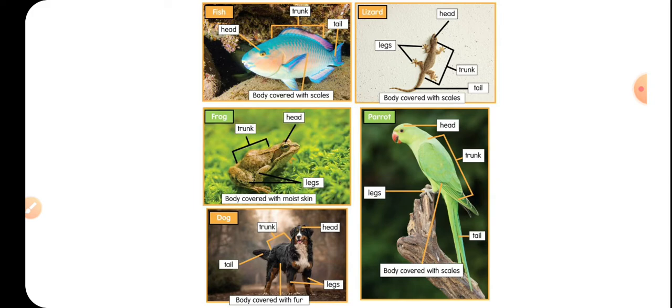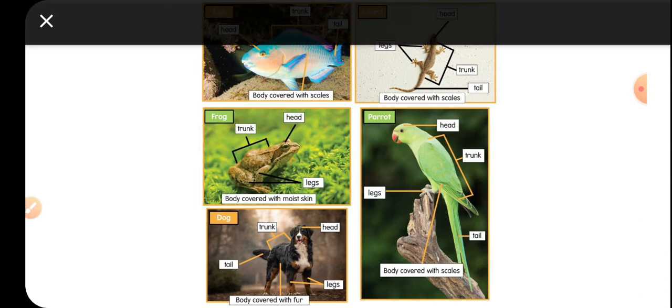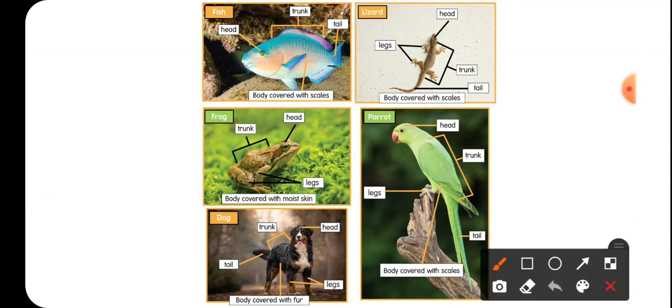So now observe this picture carefully, children. In this picture we will find a few things. The first and foremost thing that we will find, as a common feature in all the animals, is a head. See here, in fishes you have a head, in a lizard you have a head, in a parrot you have a head, even in a frog and even in a dog you have a head.